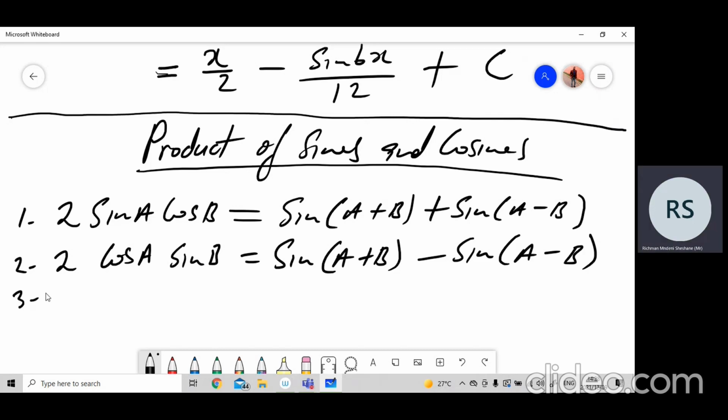And the third one is this. You don't have to cram all this because it will be given to you.